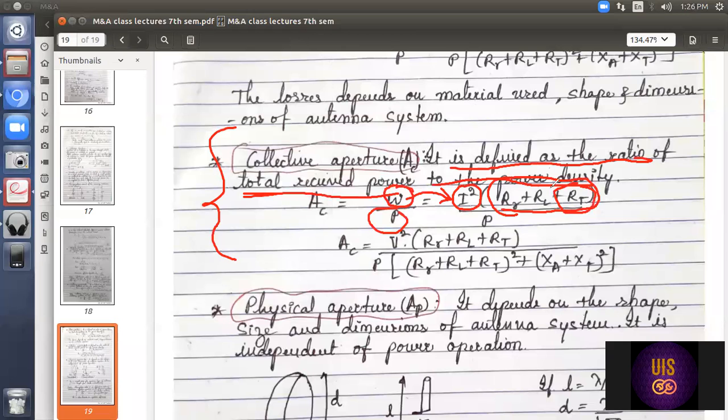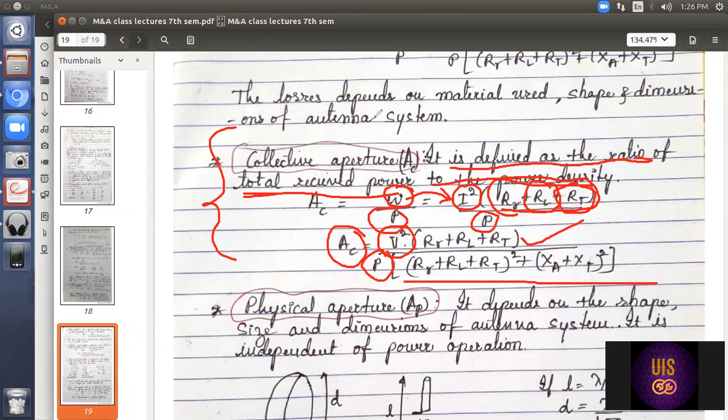So RT, RR and RL, overall circuit has how many resistances? You add all, divided by P, and it will be equal to V square, numerator bracket as it is, denominator power density as it is. This is square and square root gets cancelled. The remaining is this. This is about the collective aperture, A suffix C.